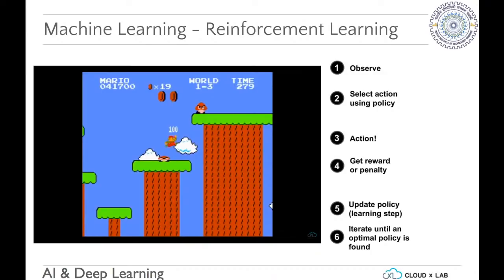There's an update policy, as in the learning step. The most interesting part about reinforcement learning is that it is learning and predicting, both things happening at the same time. How? In the beginning, we inject the player into an environment and let it do random moves. Now we have data from those 100 moves: with these moves it succeeded, with these moves it failed.